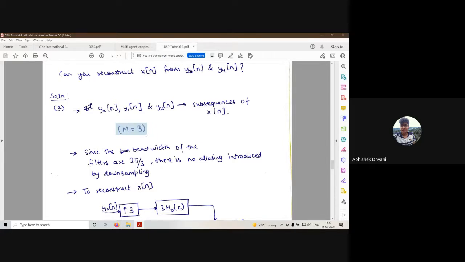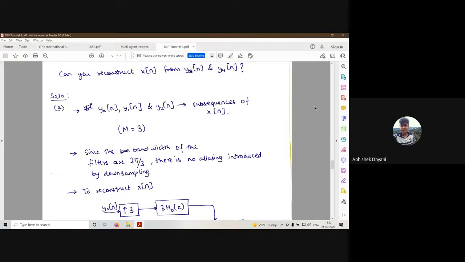So we have M equals 3, and that is why we had 3 filters in the original diagram, and we obtain these 3 signals y0 n, y1 n, and y2 n after passing x of n through those 3 decomposed filters.